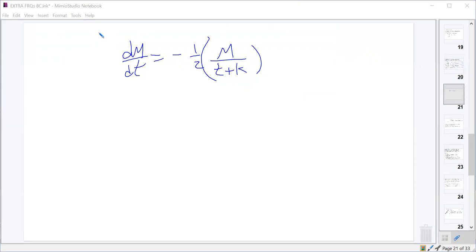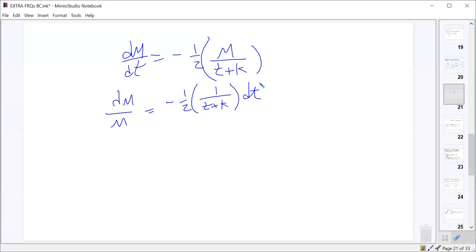Okay, sorry about that. All right, so we need to separate the variables. So when we separate the variables, we're going to get dM over M equals -1/2 times 1 over t plus k dt. And then we'll need to integrate those.